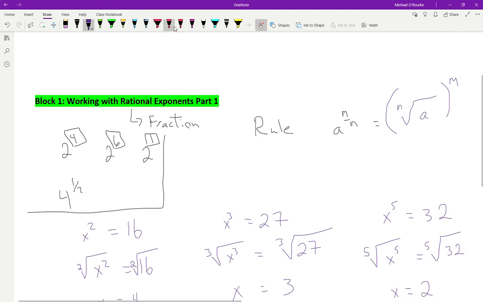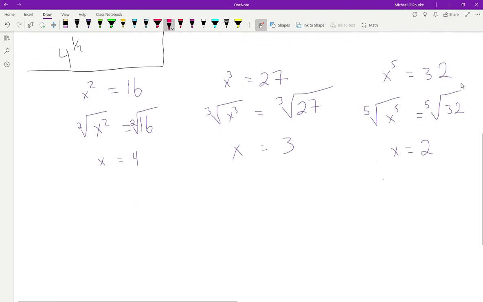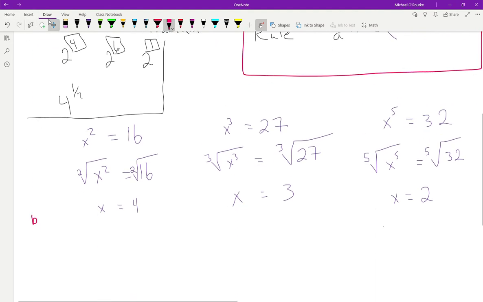I'll circle this in my red like I usually do. Then we're going to learn how to use it. The rule is a to the m over n equals the nth root of a, raised to the m. With that in mind, I'll write it right here right now. So I said b, sorry, I did a, sorry.